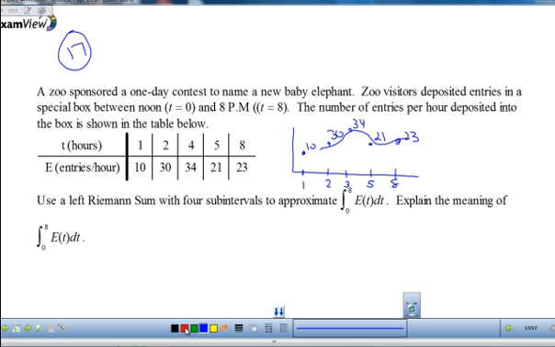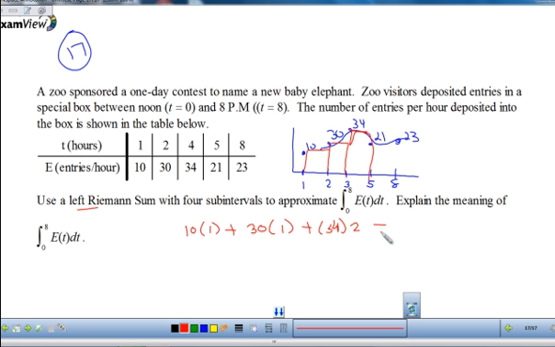So we're going to use the left Riemann sum. So the left side is going to touch the graph. The first rectangle is going to have a height of 10 and a base of 1. Second rectangle is going to have a height of 30 and a base of 1. Third rectangle is going to have a height of 34 and a base of 2.